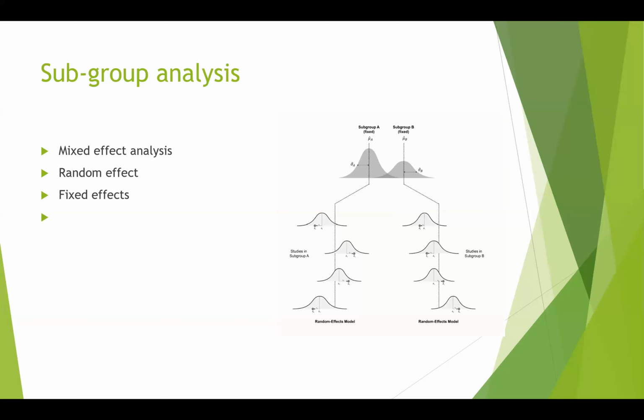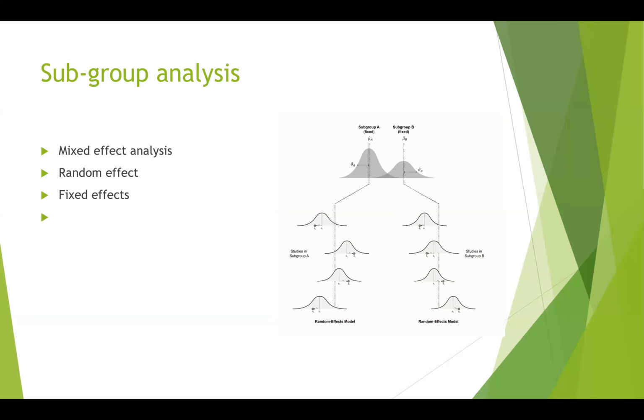Let's say 7 studies dealing with only males, 8 studies dealing with only females. Am I assuming these studies are also going to have some form of true randomness between each other? Yes, they may, but they may be small enough for me to assume otherwise. So I can decide to use fixed effect to pool the mean for each of them, and now use random effect to check the statistically significant differences between them.